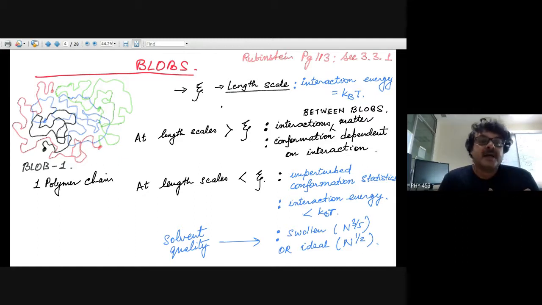And only at this scale do these monomers interact, with an interaction energy equal to kBT, with another blob.